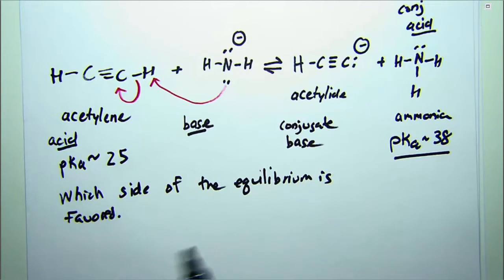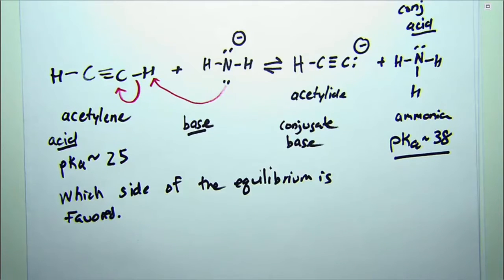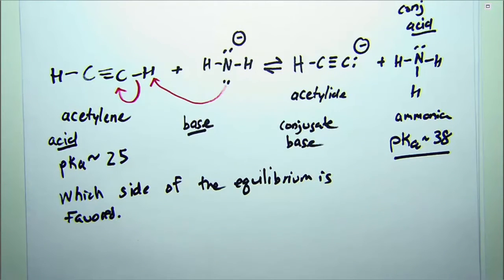All right, so we've got one side that has a formation of an acid that has a pKa of 25, and the other side has an acid formation of pKa 38. So comparing these two acids, which side makes the weaker acid? Is acetylene a weaker acid or ammonia?